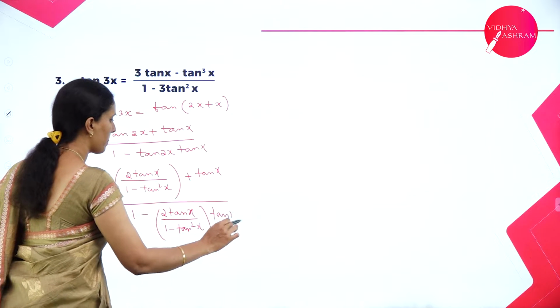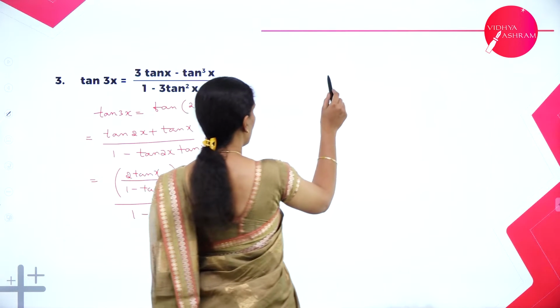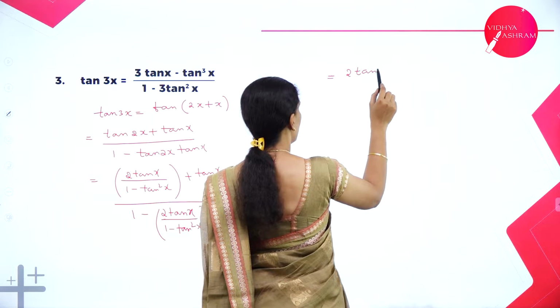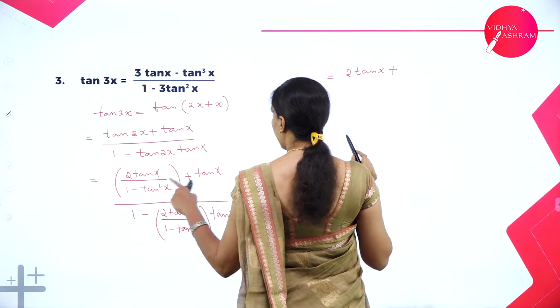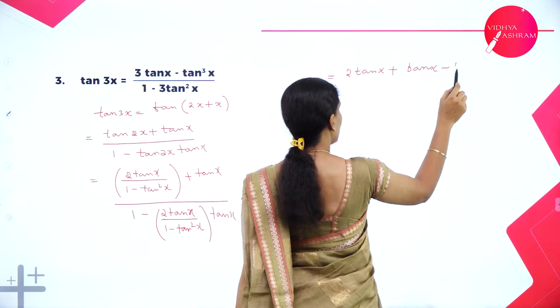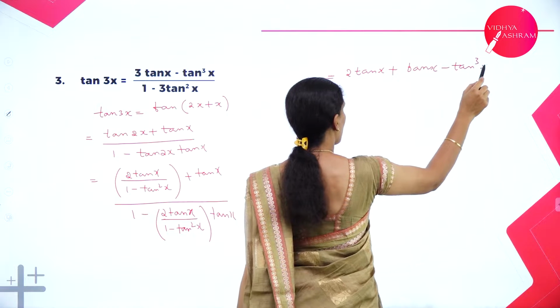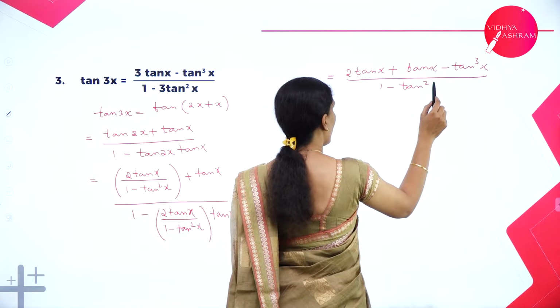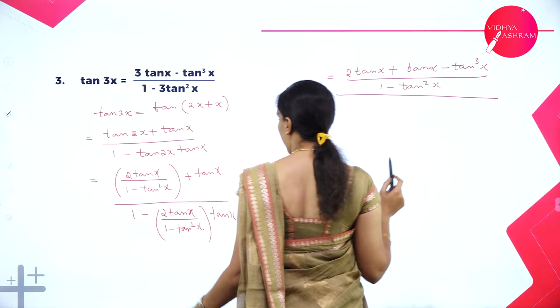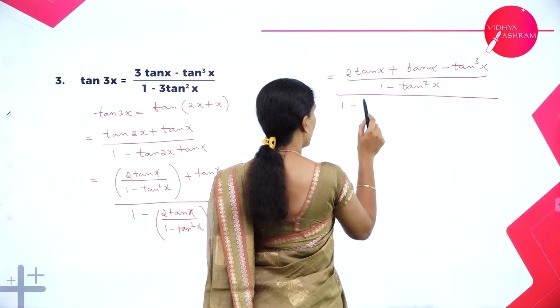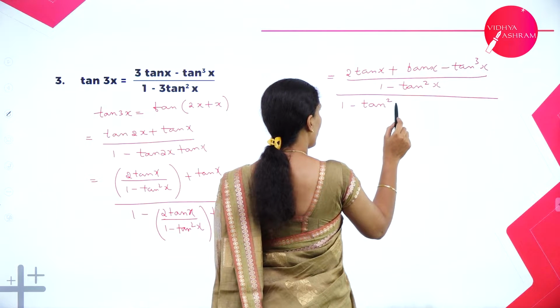Now here taking LCM, we will get 2 tan x plus tan x into 1 minus tan square x, which means we will get tan x minus tan cube x, whole divided by 1 minus tan square x, whole divided by, here 1 into 1 minus tan square x is 1 minus tan square x.